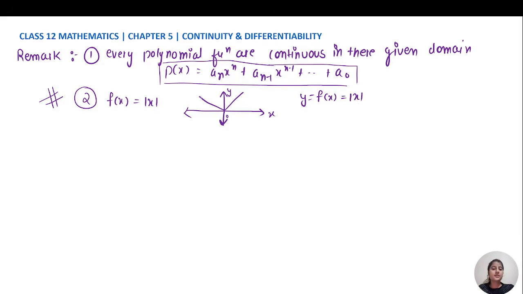As you can see, we make our graph without lifting our pen, so this graph is a continuous function. These two are the standard ones; you should always remember that they are continuous functions.